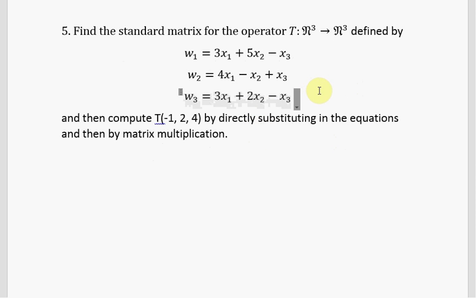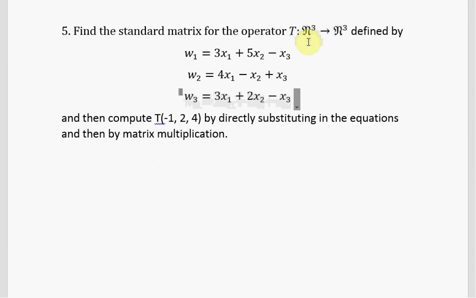When we say operator in terms of the dimensions, what does that mean? The word operator here suggests that the vector space of the domain is the same dimension as the vector space for the codomain, or the range.